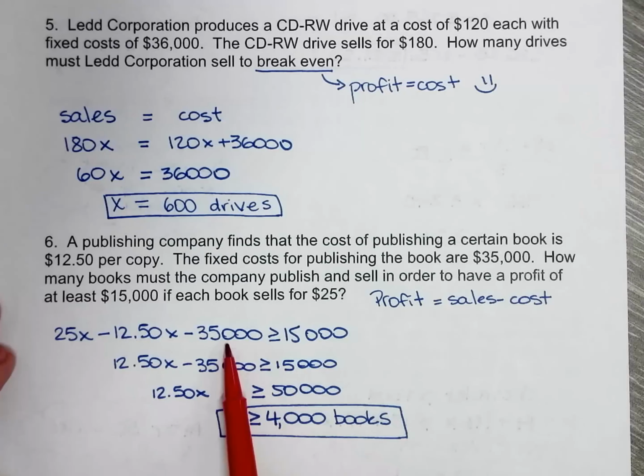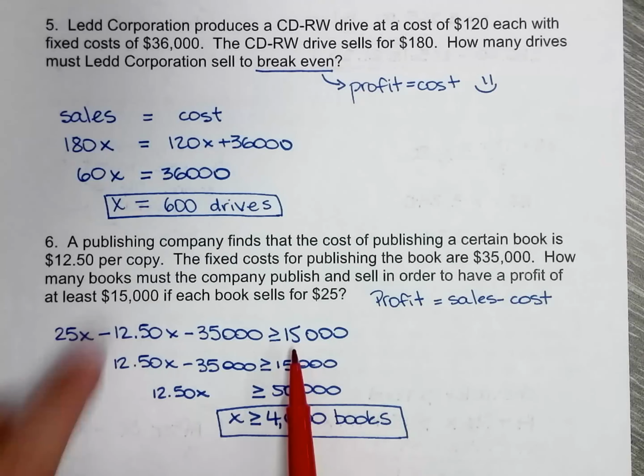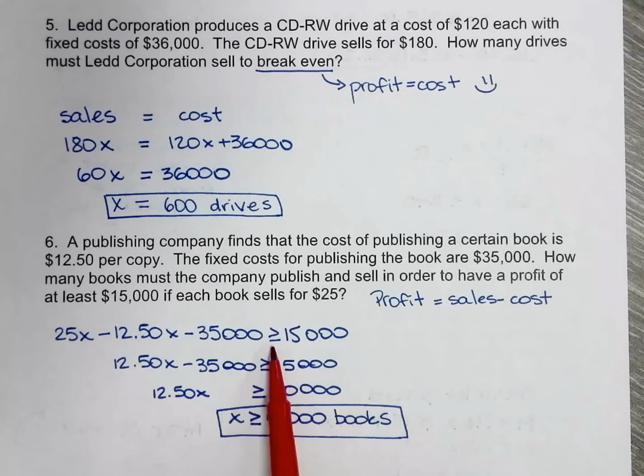That's your fixed cost right there. And they're looking for a profit of $15,000, so it has to be more than or equal to 15,000.